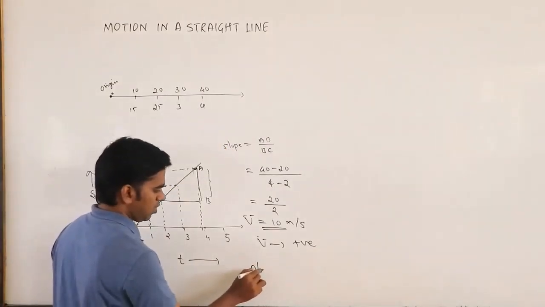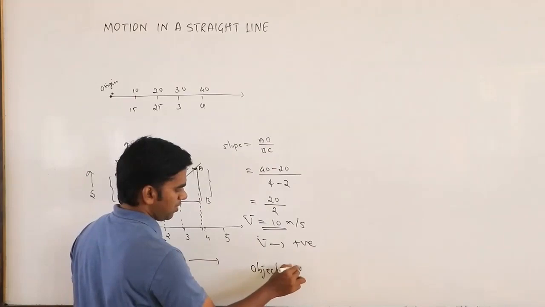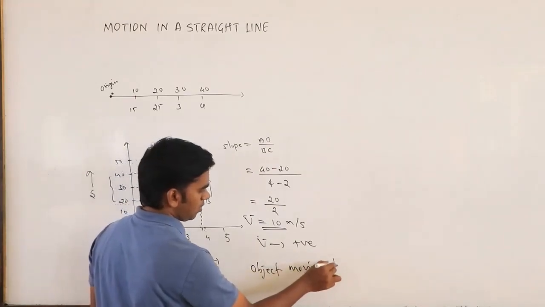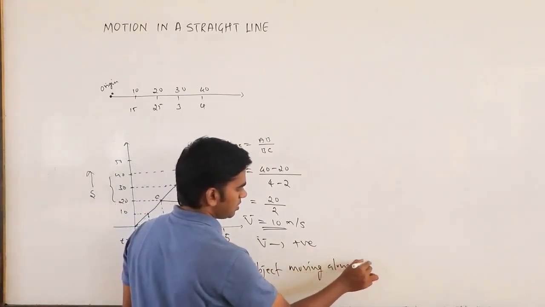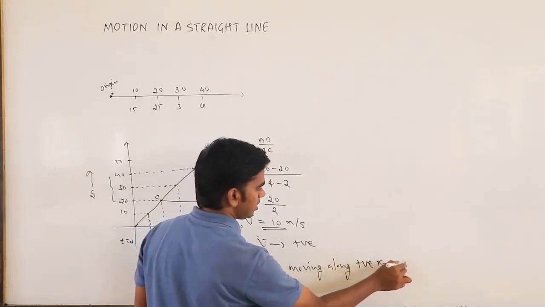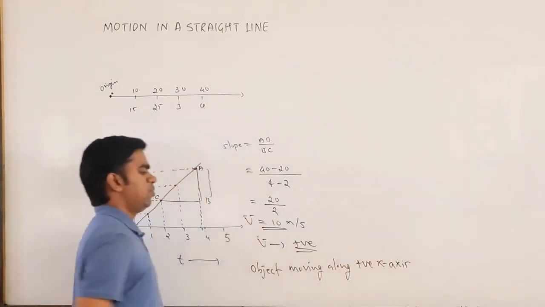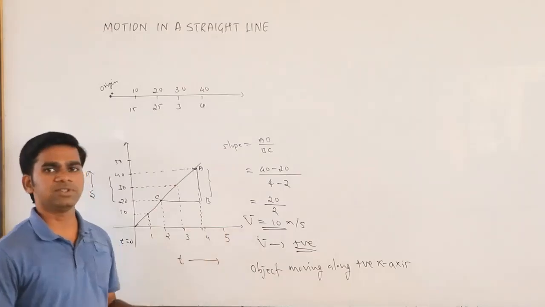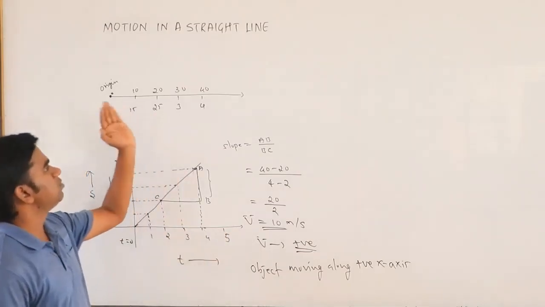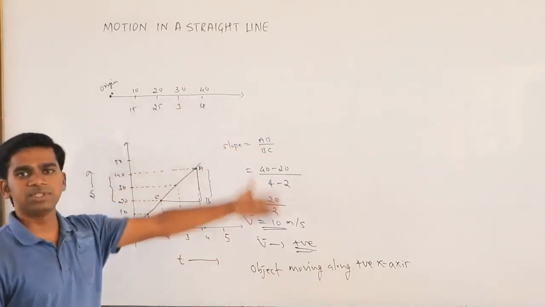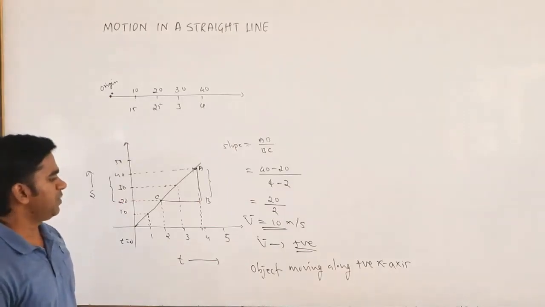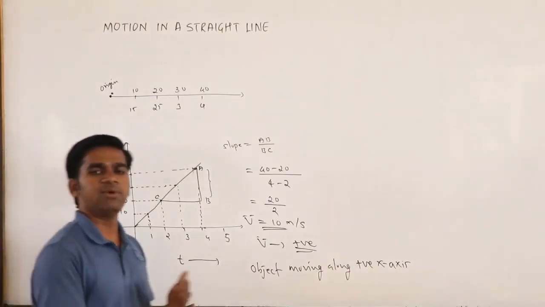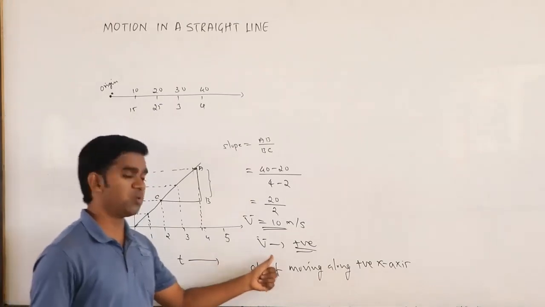The object is moving along the positive x axis, that is very important. If your slope comes positive, velocity is positive, meaning it is moving in the direction of the positive x axis. Okay, so let's think about what will happen if this slope comes negative.